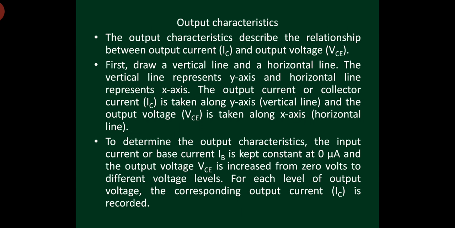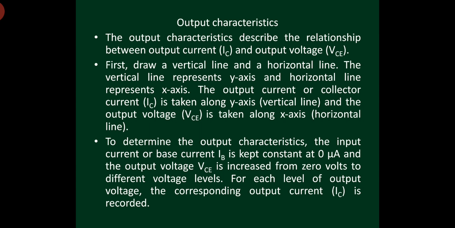First of all, the x-axis represents output voltage and the y-axis represents output current IC. To determine the output characteristics, the input current for common emitter configuration is IB.